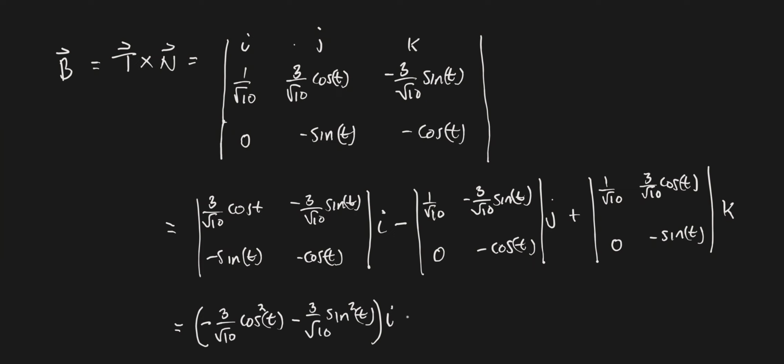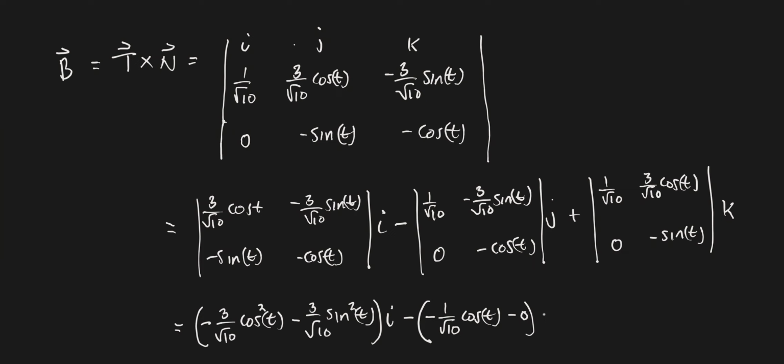And then let's bring down the minus and open some parentheses. Now these are going to be a little bit easier because I have a 0 in this position. So I'll do 1 over root 10 times negative cosine t, which gives me negative 1 over root 10 cosine of t, and then minus 0, right?